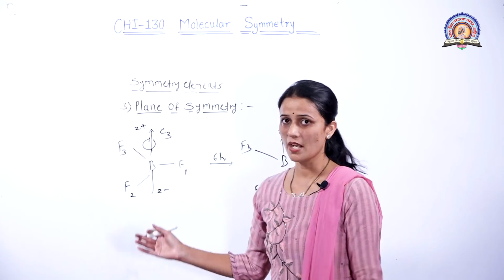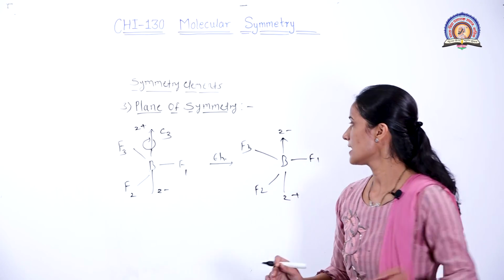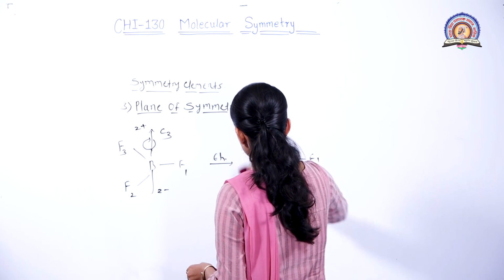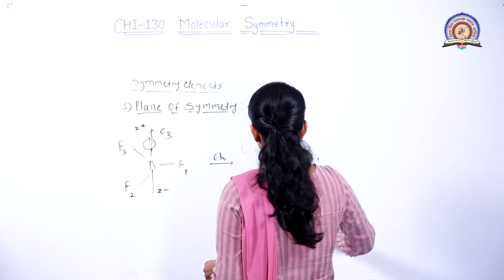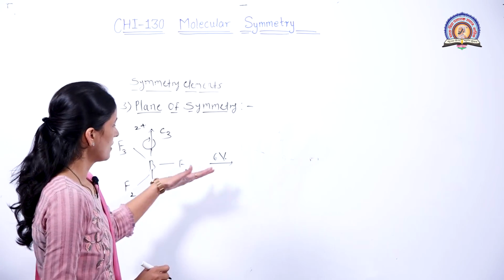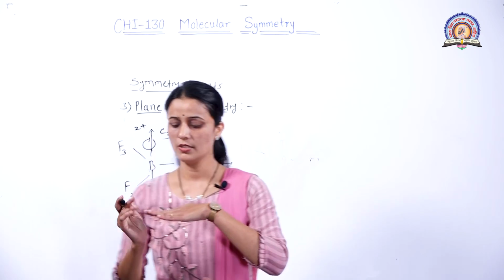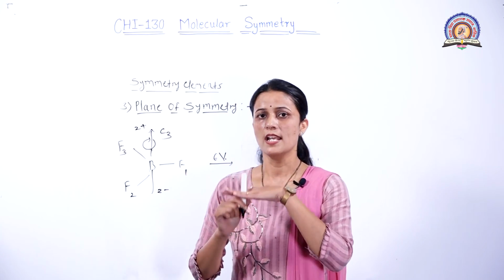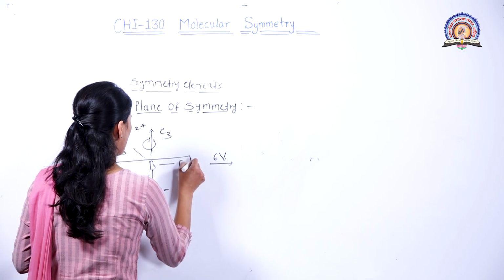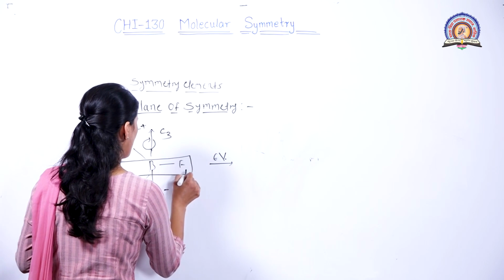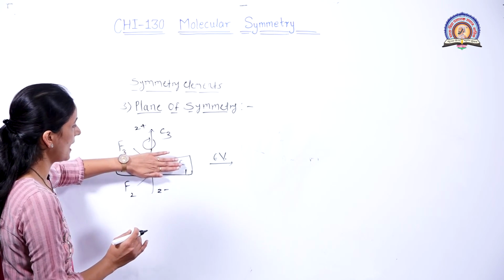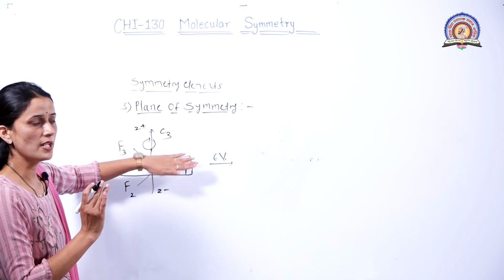Now let's see the sigma v. Is sigma v possible in this compound? So sigma v means the plane which is parallel to the principal axis. Okay, this is your BF3 molecule and this is your principal axis. Yes, if I draw an imaginary plane which is parallel to the principal axis, this plane is parallel to the principal axis.